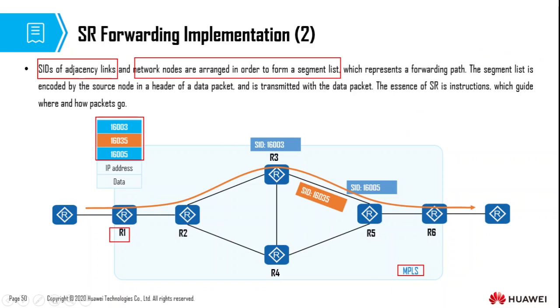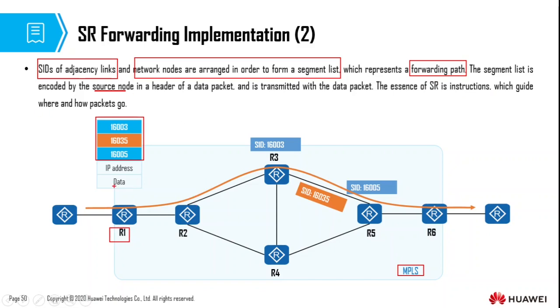The segment list determines the forwarding path. It is encoded by the source node, which is the provider edge, R1 in this example, in the header of the data packet, and is transmitted with the data packet. So the essence of SR is instructions which guide where and how the packets go.